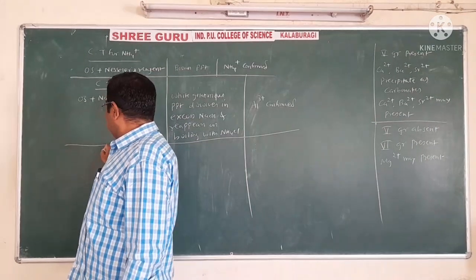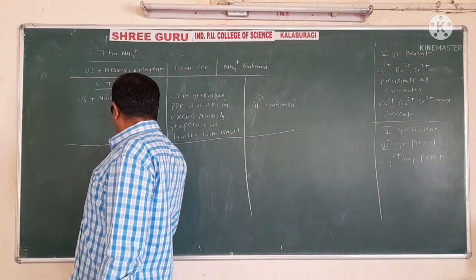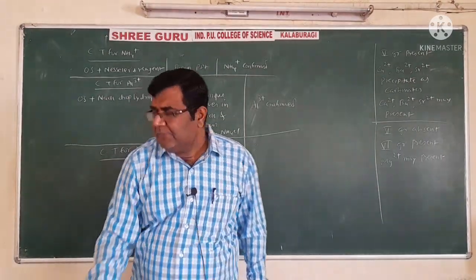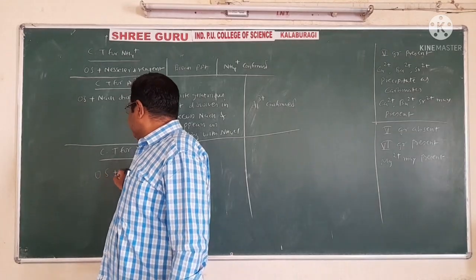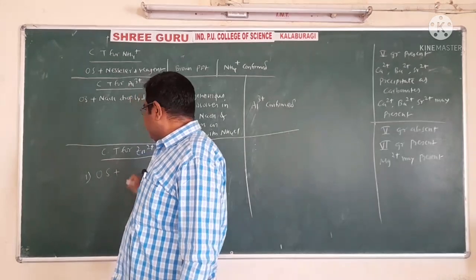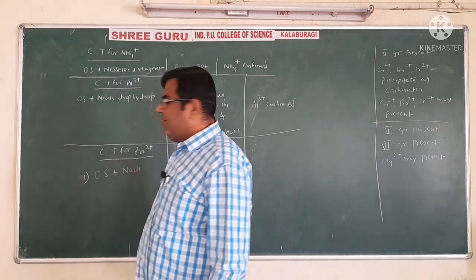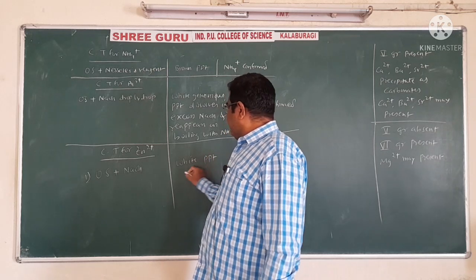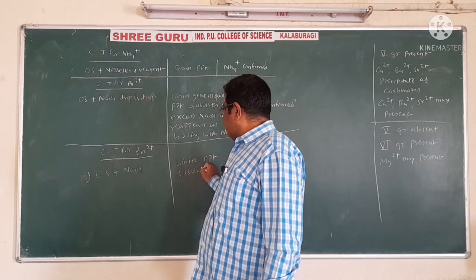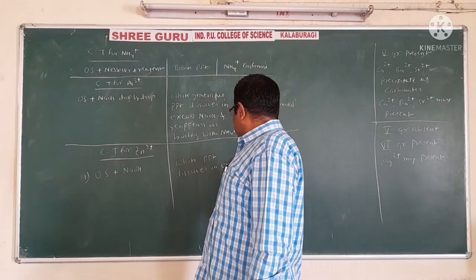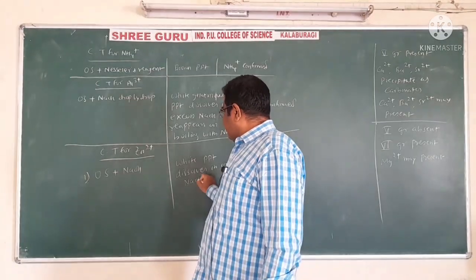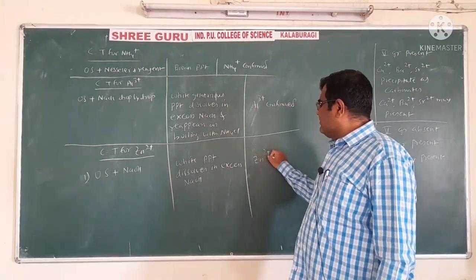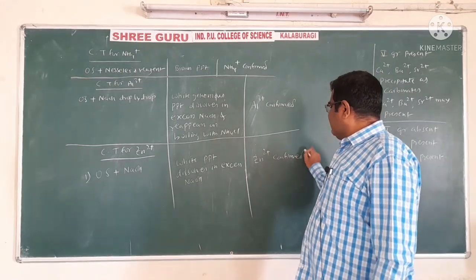Then another is the CT for the zinc dipositive radical. Again we have to write OS plus. There are 2 CTs. White, NaOH. And we have to say that a white precipitate which dissolves in excess of sodium hydroxide, if this happens, the zinc dipositive is confirmed.